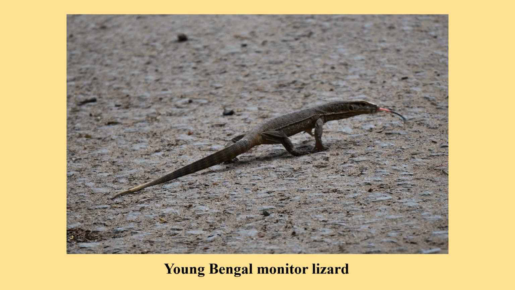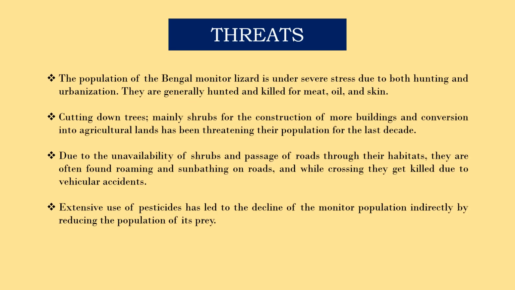This is a young Bengal monitor lizard we found on the roadside, and these are some of the threats to their population. They are generally hunted and killed for meat, oil, and skin. And urbanization is also a major threat because we are cutting down trees, and shrubs are getting destroyed for the construction of buildings.